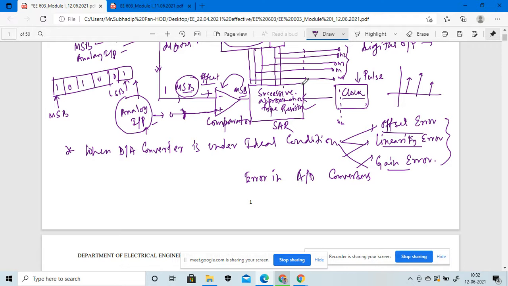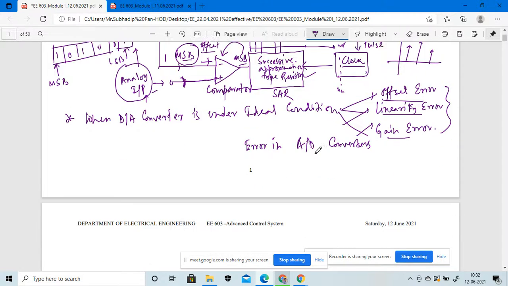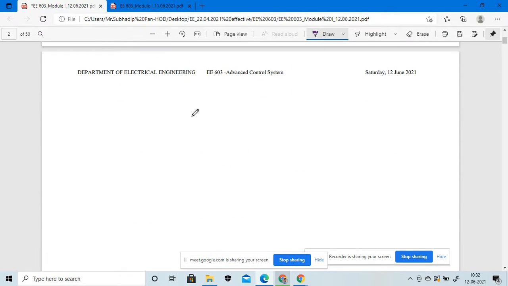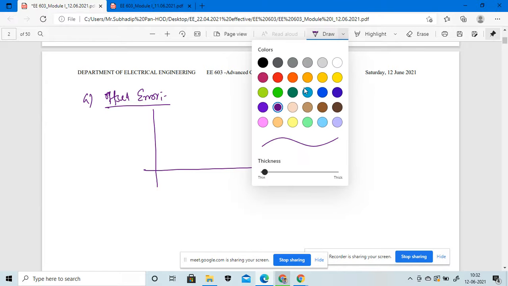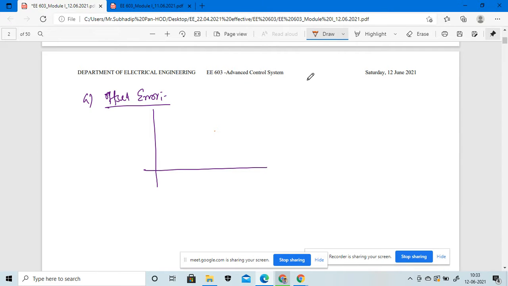So if we consider these three different types of errors, if I draw the curve for the A to D converter, if the offset error is introduced due to the ideal condition of the A to D converters, suppose my characteristics curve will look like this.